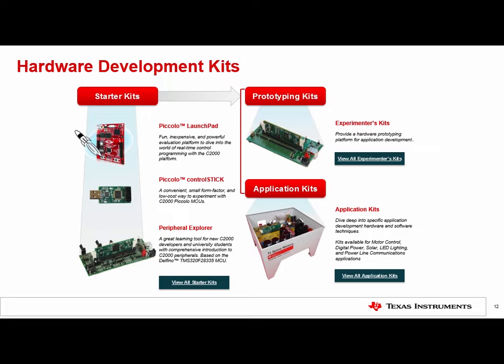Then we have our control sticks, we have our peripheral explorer kits, and then we also have our prototyping kits, which are experimenter kits. So every single microcontroller platform, which you have seen today, has a prototyping kit or an experimenter kit, which allows you to go ahead and start doing some development and exploration on our solutions.